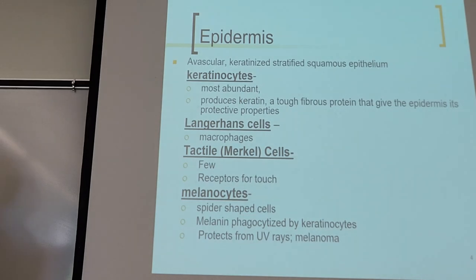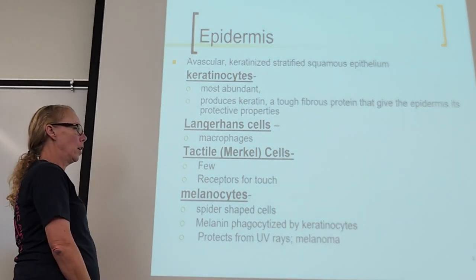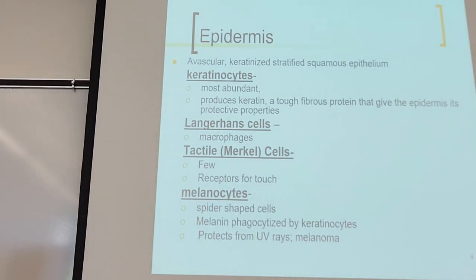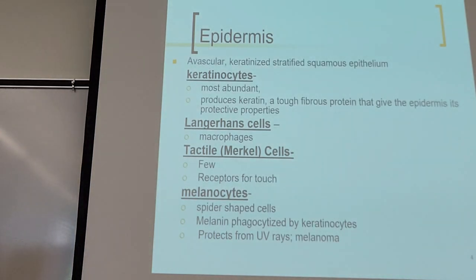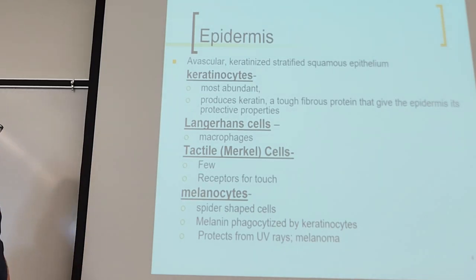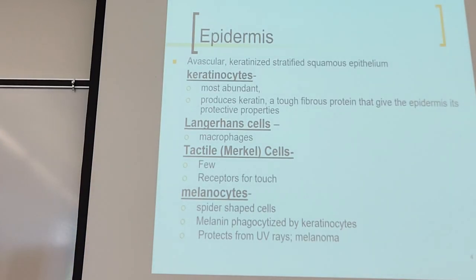Okay, tactile cells, which are also called Merkel cells, are cells that house receptors for touch. We'll identify those in lab on a model. And then melanocytes are not as abundant as keratinocytes, but they make melanin. And melanin is what protects you against UV radiation.